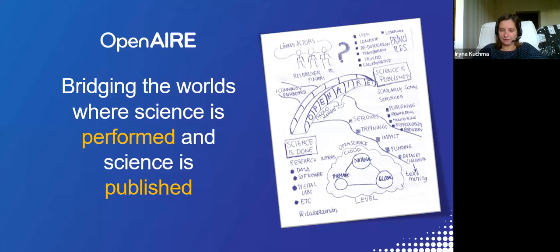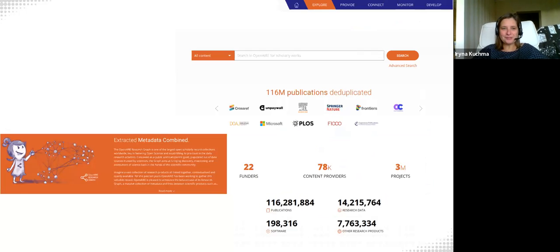We are one of the open science infrastructures in Europe, and most of my talk will be based on our experiences in Europe, but I'll also mention briefly some work we do in Africa. With OpenAIRE, we're trying to bridge the worlds where science is performed and science is published.